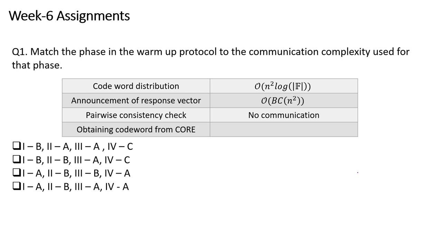So basically each party broadcasts one field element to all the n parties. So n log f amount of communication is done by one party, and there are n parties, so order of n square log f amount of bit communication is required. So we get 1 mapping to A, 2 mapping to B, 3 mapping to A, and 4 mapping to A. So this is the correct answer.